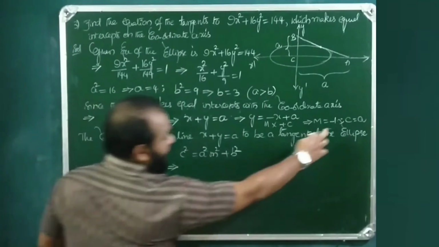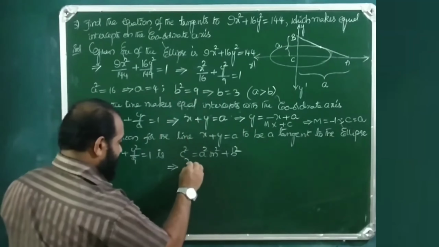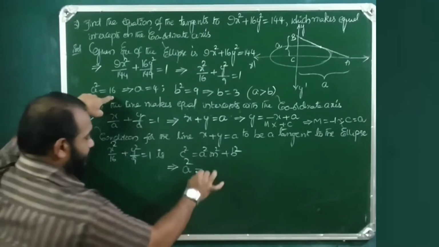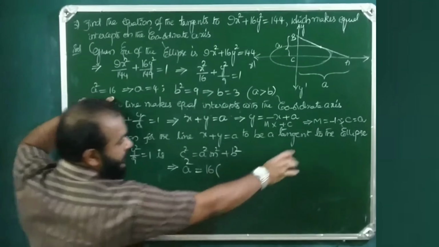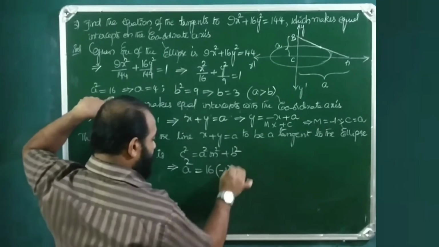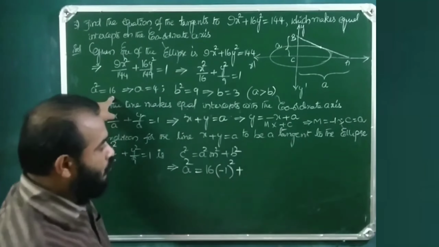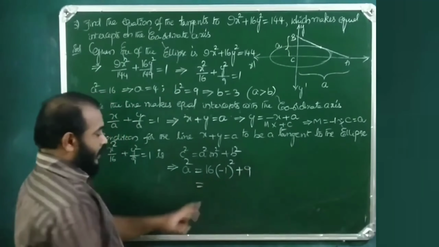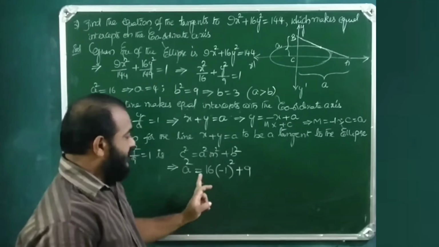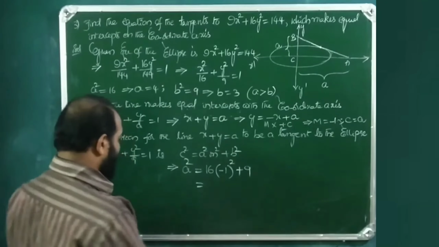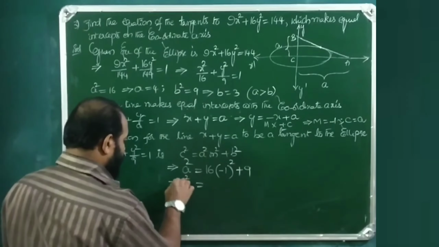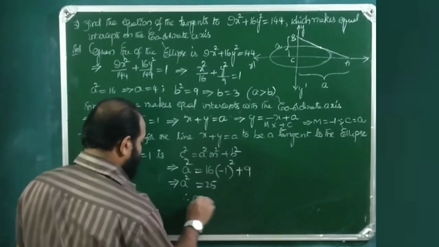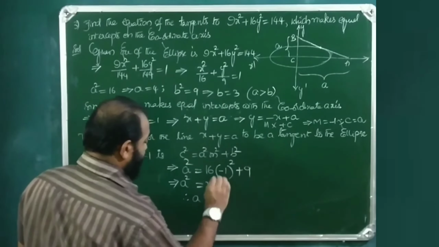So c square is a square, and a square is 16. m square is minus 1 whole square, which is 1, plus b square, which is 9. So 16 plus 9 is 25. So a square equals 25. Therefore, a equals plus or minus 5.